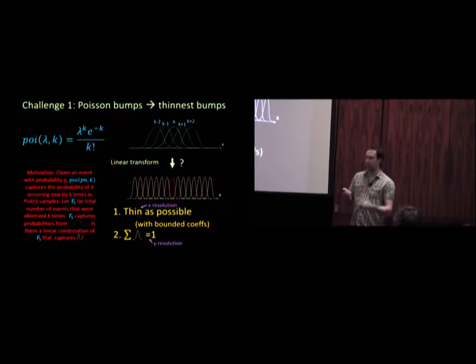So this is Y resolution. And we can of course weaken this to say that we want it to be approximately 1, but that won't affect things here. So this is our challenge. We want to take some fat bumps, find a linear combination to get bumps as thin as possible, and the question is, what are the limits of this? How should we think of this? How well can we do?